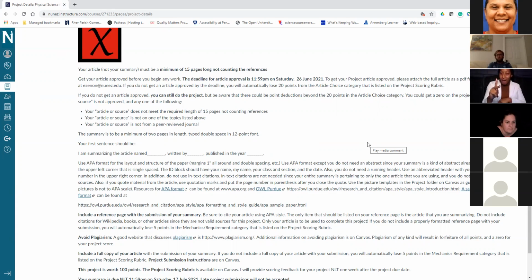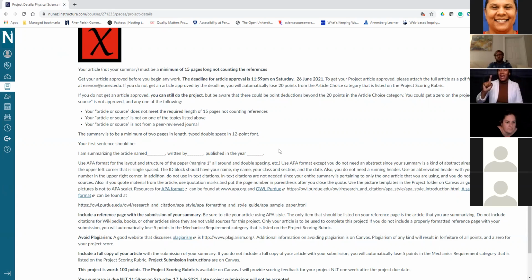You should not be using books, other websites, Wikipedia, or any other material to write this summary. The summary is about your article. Now, that means the only source is the one you listed in your first sentence. So you don't need to use in-text citations, okay?